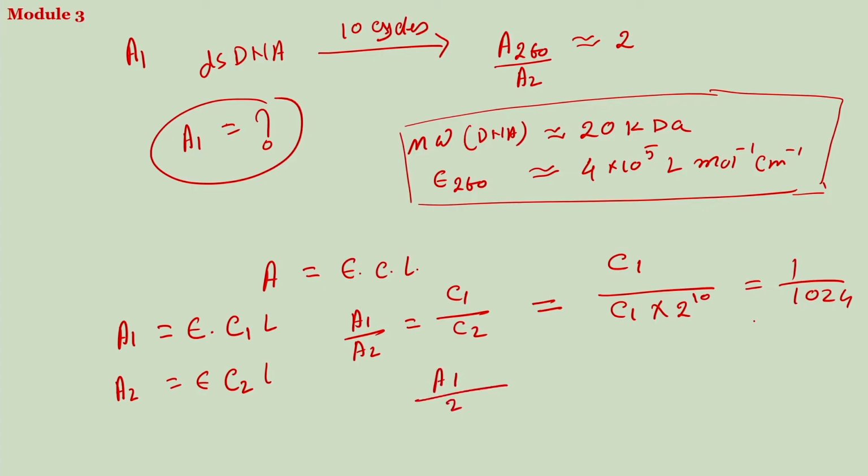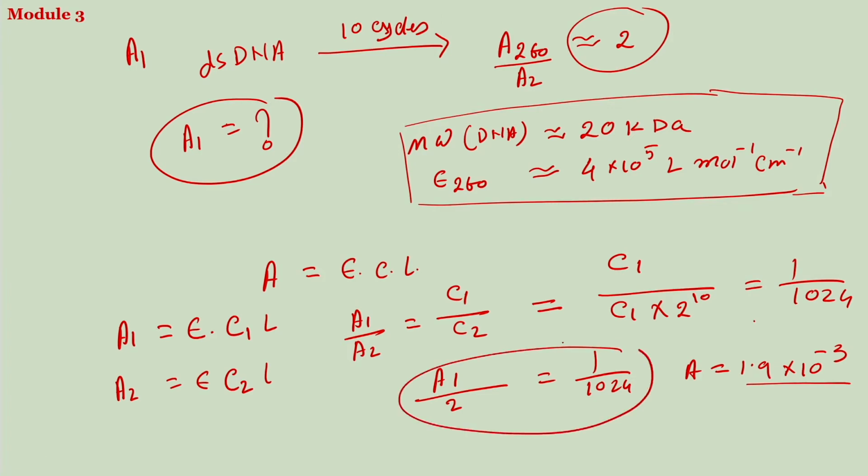Your A2 is given as 2, divided by 1024. So, your calculated A1 would be around 1.9 into 10 to the power minus 3. So, A1 is 2 by 1024. I hope I have done the calculation correctly, but this is it. From here you can get your A1.